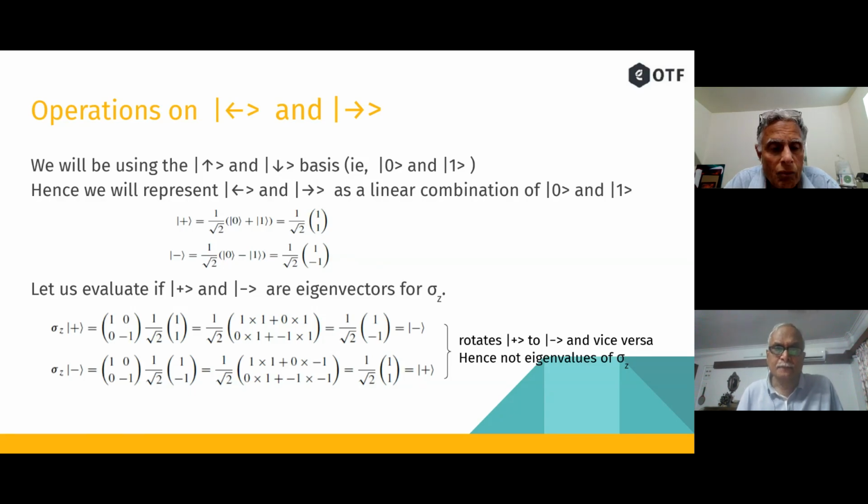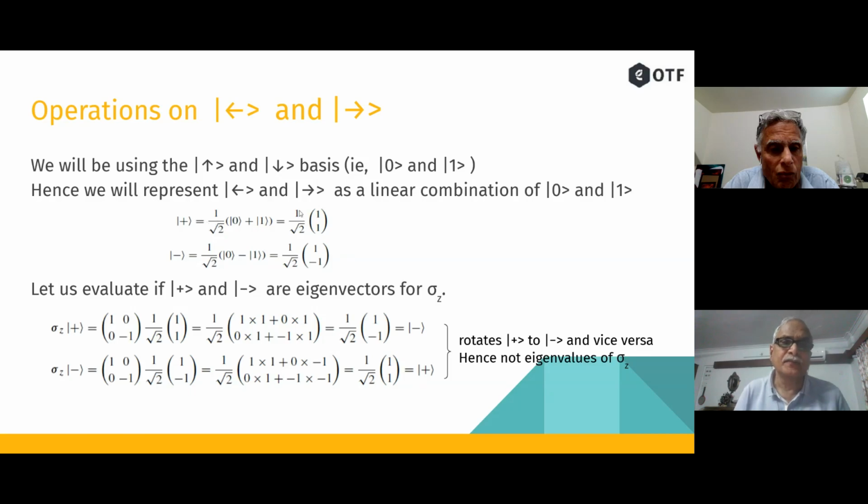First and foremost, my point of view is different. Earlier I had a point of view along the spin along the z-axis. Now I am looking at spin along the x-axis. So I will represent that as a linear combination of ket 0 and ket 1. The plus and minus are decomposed as 1 over root 2 times (ket 0 plus ket 1).